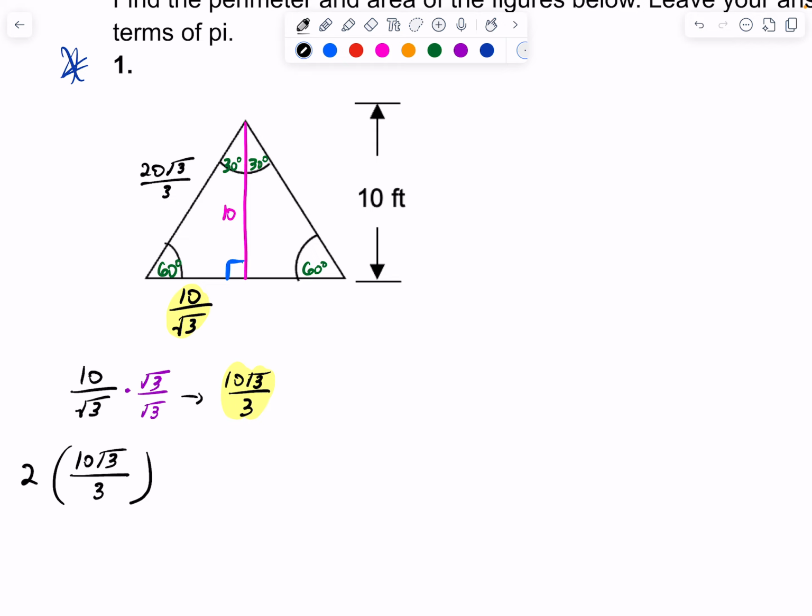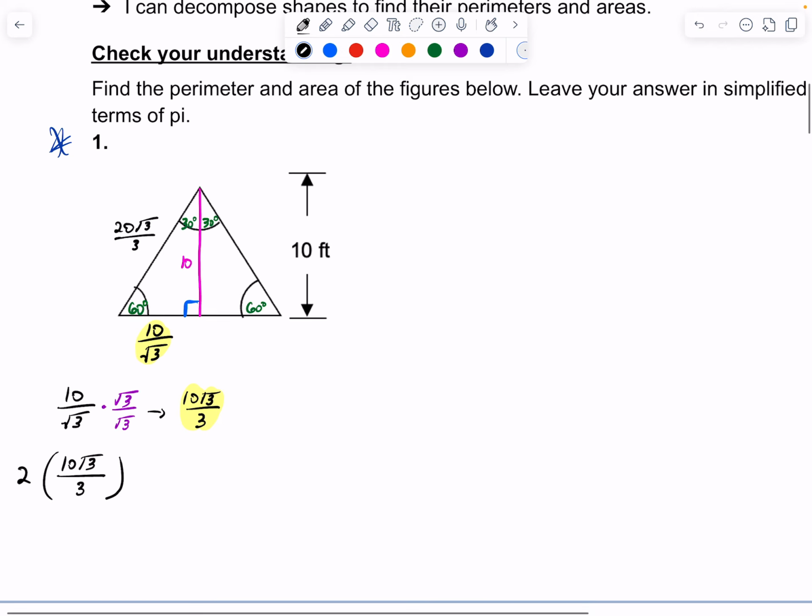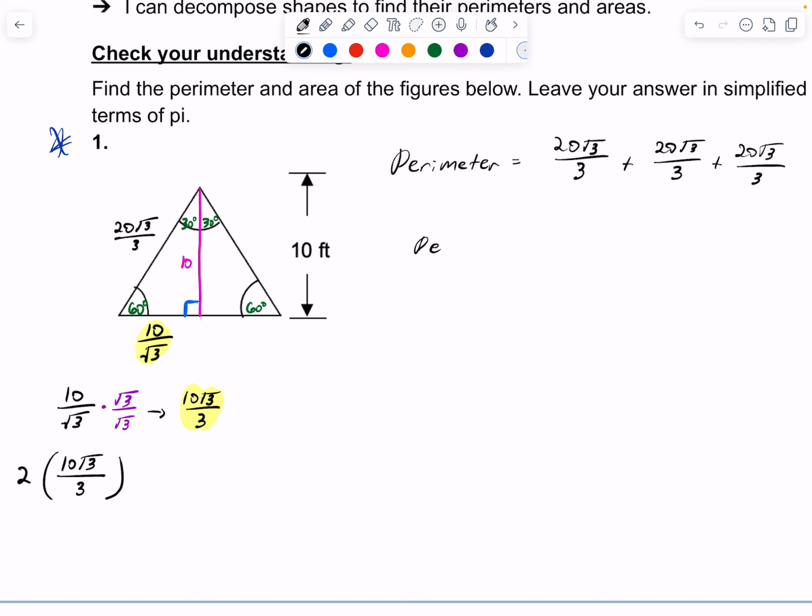as the length of one of our sides in this triangle. All right, so now I have enough information to find the perimeter of this triangle, which is just going to be 20 root 3 over 3 added together 3 different times, because I have 3 sides. Feel free to write this as repeated addition or multiplication, which is how I'm going to write it now.